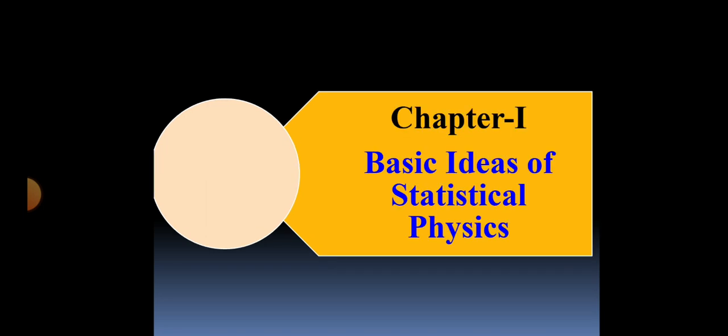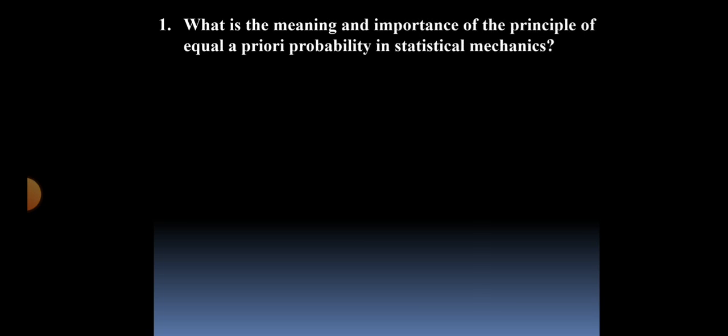So let's talk about important questions. Unit number 1, which is constituted of chapter number 1 titled Basic Ideas of Statistical Physics. So important question number 1 is, what is the meaning and importance of the principle of equal a priori probability in statistical mechanics?